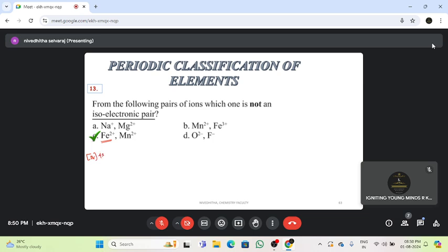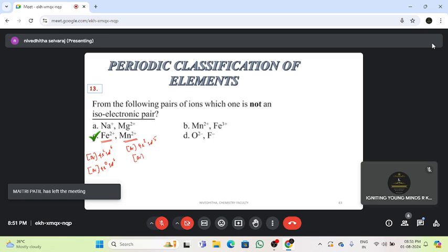Originally, the configuration is 4s2 3d6. If we remove 2 electrons, the configuration will become 4s0 3d6. Here it is manganese 2 plus. The original configuration is argon 4s2 3d5. Now we are removing 2 electrons, then the configuration is argon 4s0 3d5.